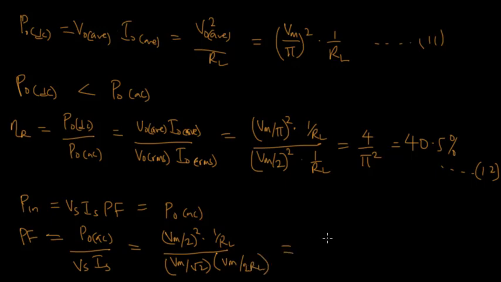If we simplify that, we have root 2 over 2, which is the same as 0.707. We call this equation 13. So the power factor for a half-wave rectifier is 0.707. These are the expressions that we use in analyzing a half-wave rectifier.